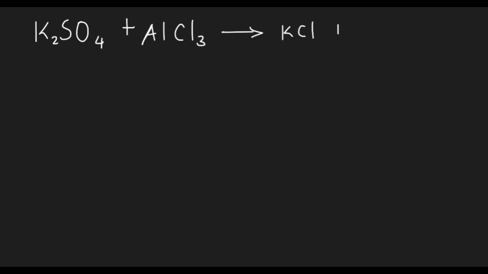So let's say we have this is the calcium sulfate plus we are reacting this one with aluminum chloride. So this is also a double displacement, and the calcium is more reactive than aluminum, so this will give us calcium chloride plus the aluminum sulfate.